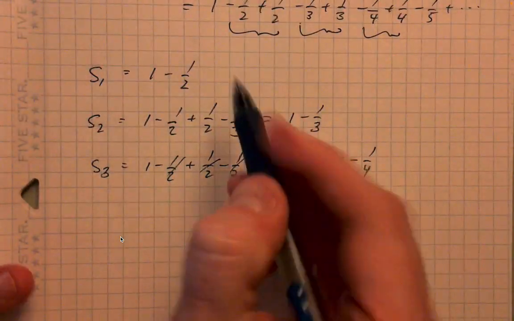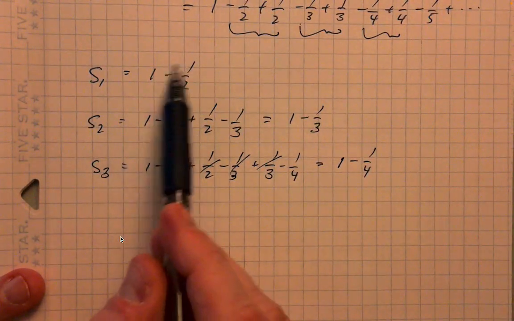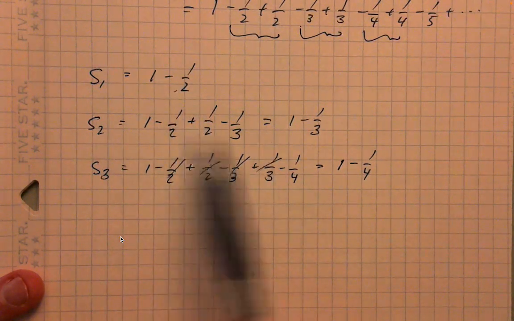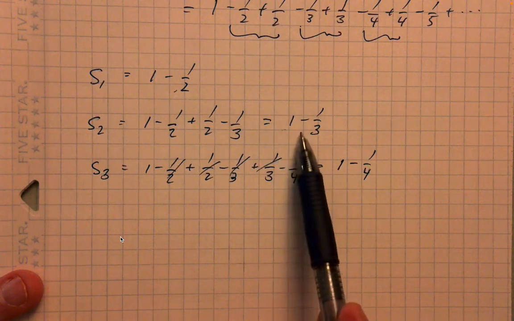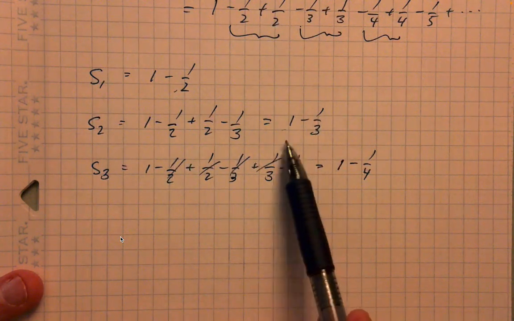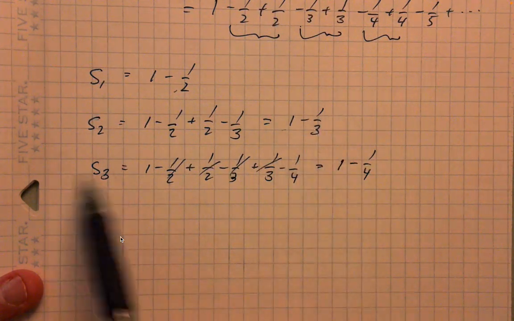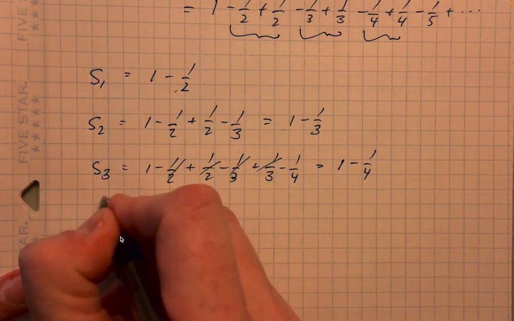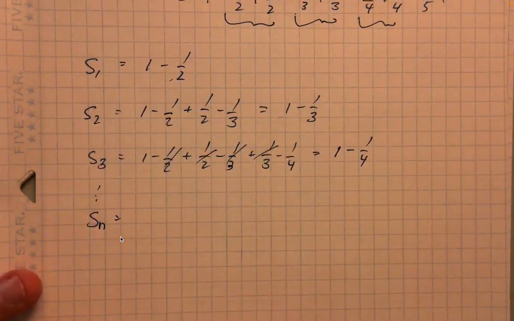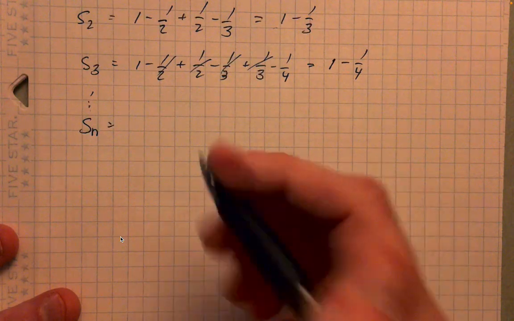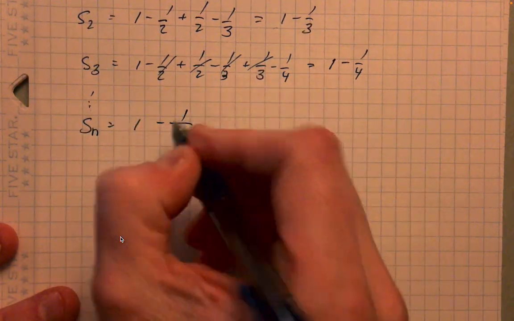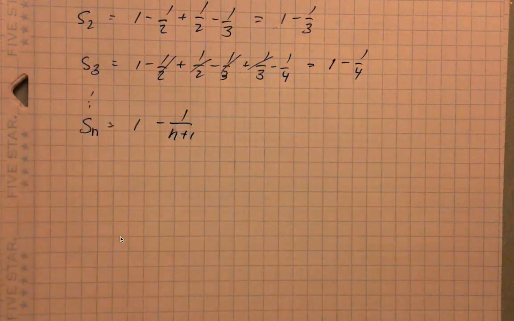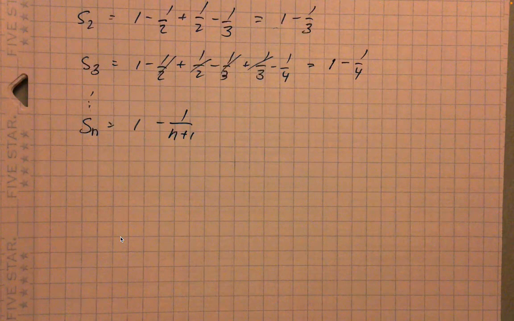Okay, so there's a definite pattern here. The first partial sum is 1 minus 1 over 1 plus 1. The second partial sum is 1 minus 1 over 2 plus 1, right? So you can see the pattern. So the nth partial sum is going to be 1 minus 1 over n plus 1, isn't it?